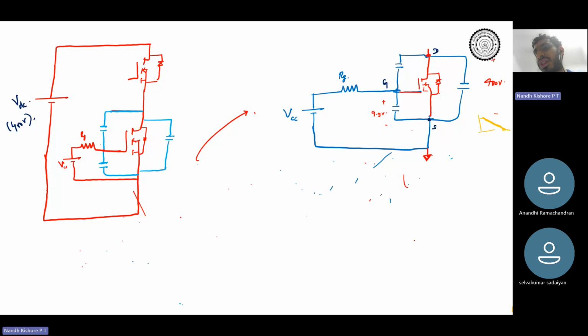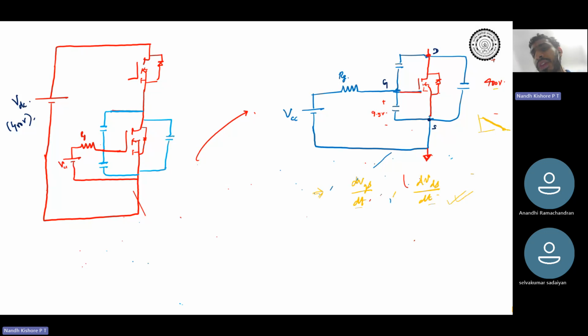Compare dVGS by dt and dVDS by dt. Which should be higher for the same dt? dVDS by dt would be much higher than dVGS by dt.